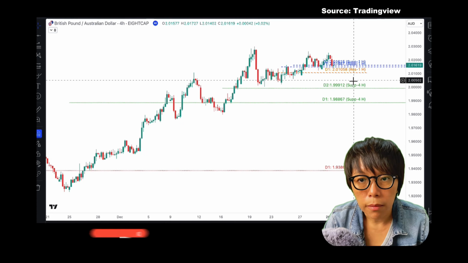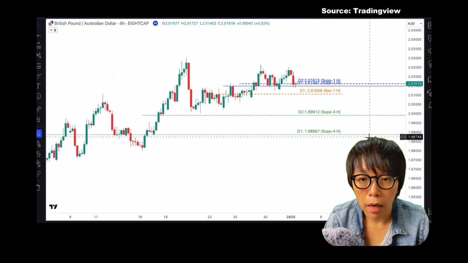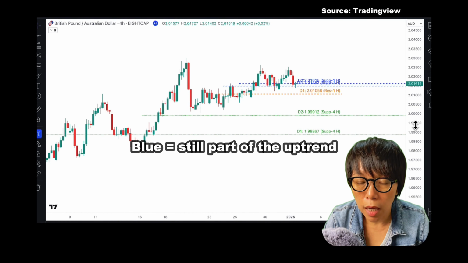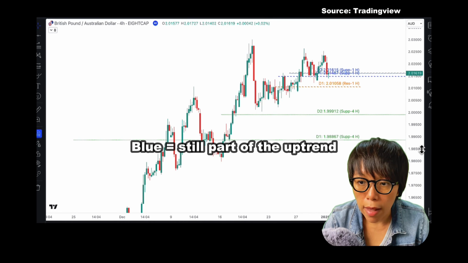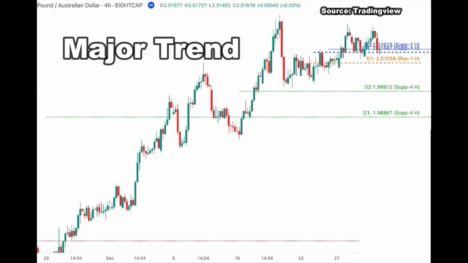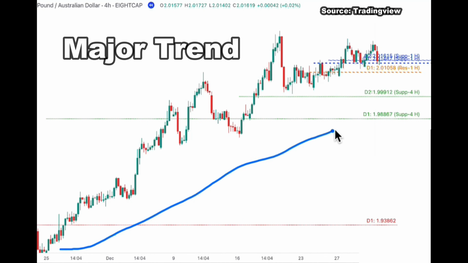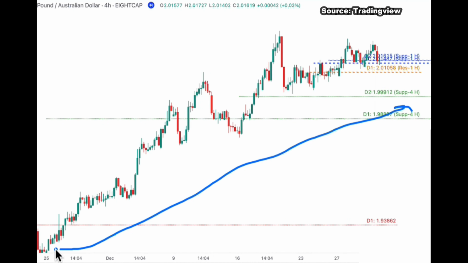And in my system, I color code. Anything that is blue means that it is still part of this uptrend. So there are two trends here. This would be the major trend, because price moves up, it moves down, it moves up, it moves down.